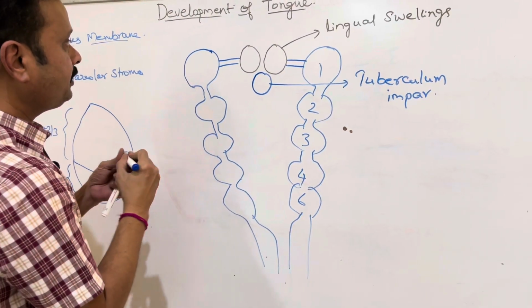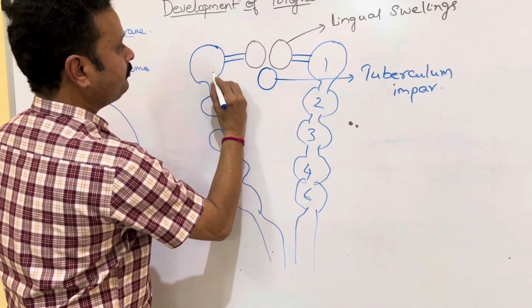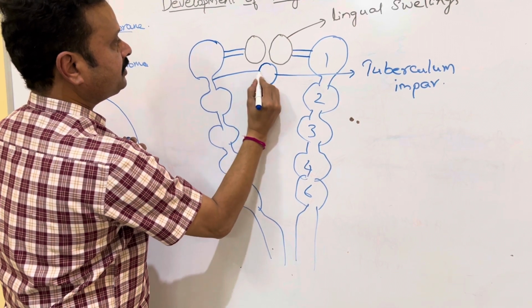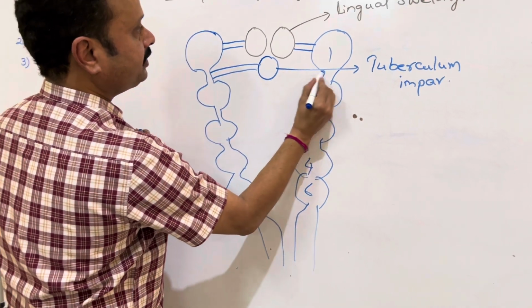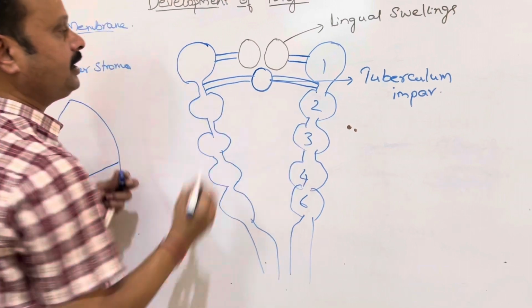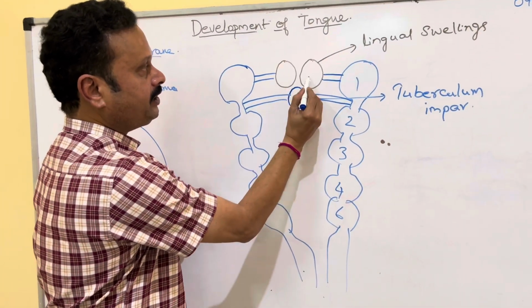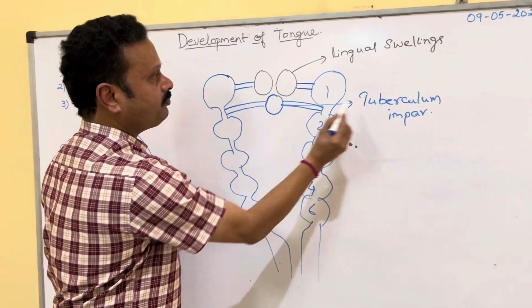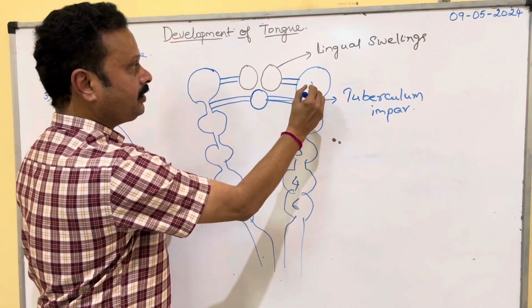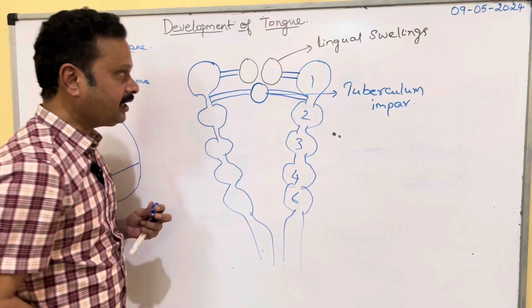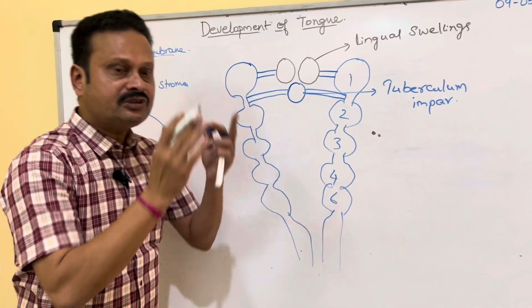This takes contribution from the first and second arch, at the junction between the first and second arch. So these three swellings, two paired lingual swellings and one unpaired tuberculum impar, fuse with each other.